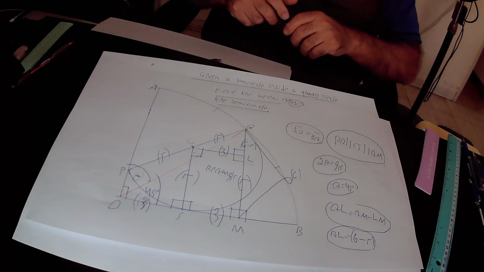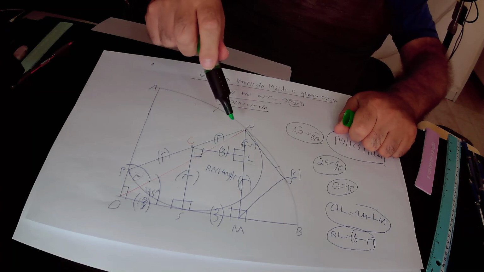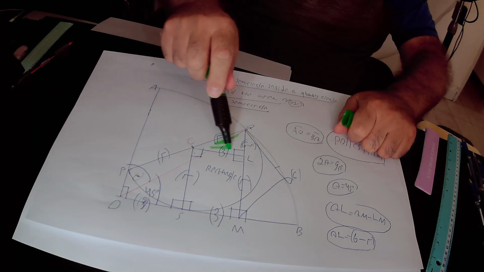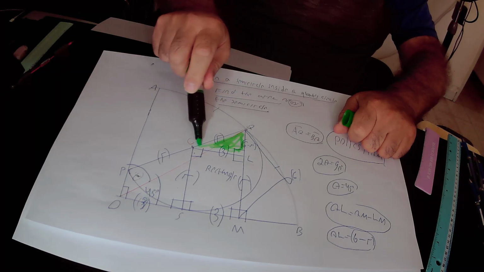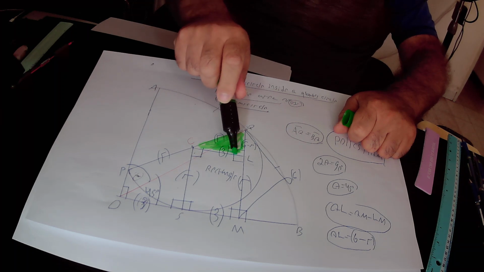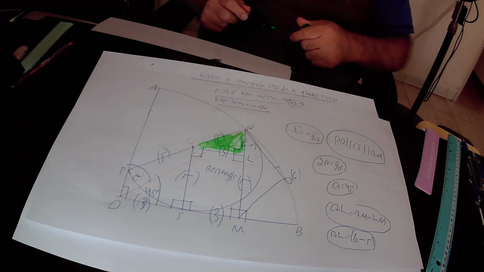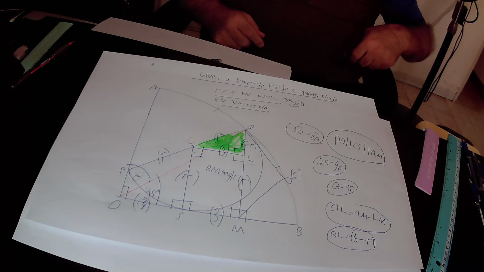This is the right triangle QCL. So copy this right triangle in your page, and we'll implement the Pythagoras theorem in this right triangle QCL.